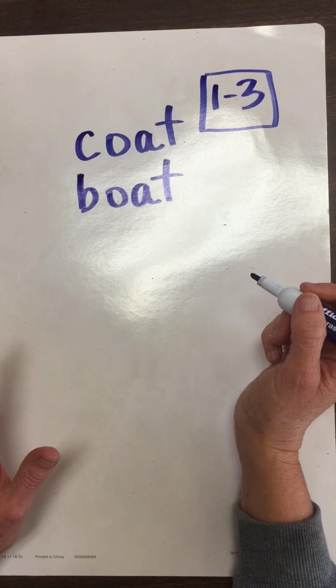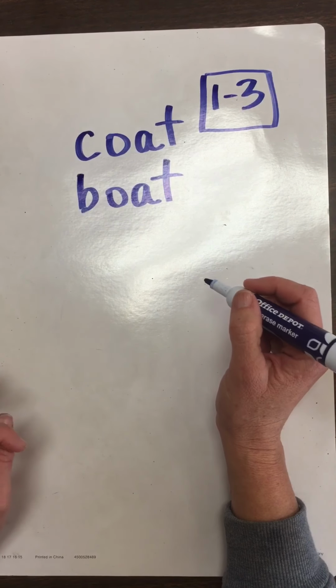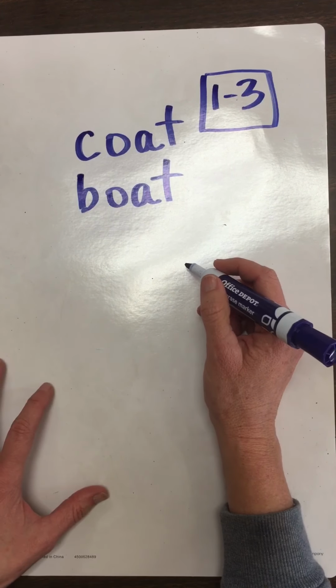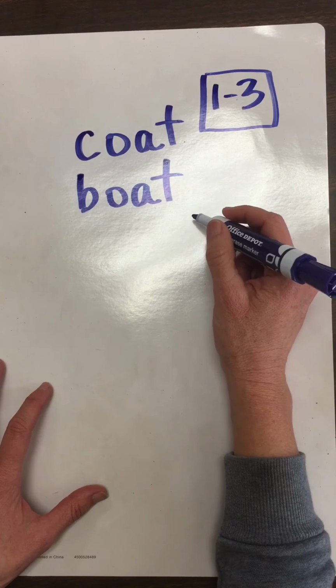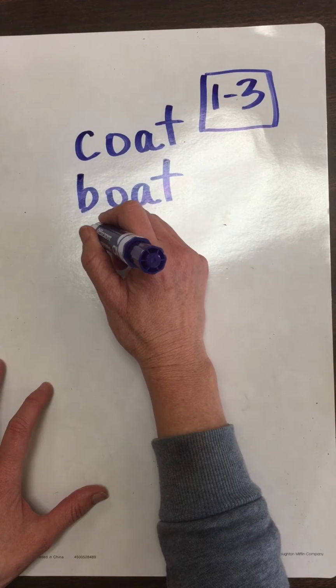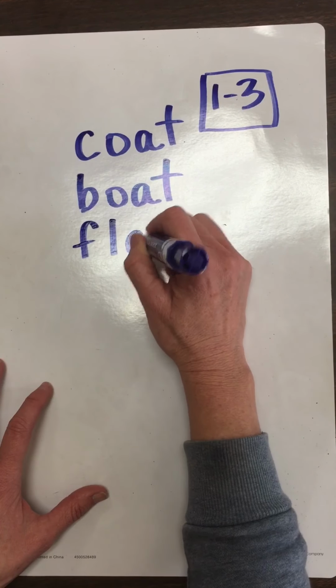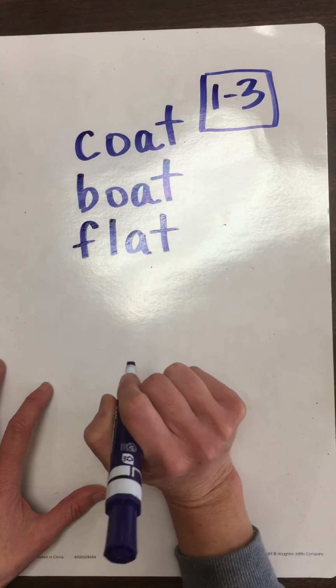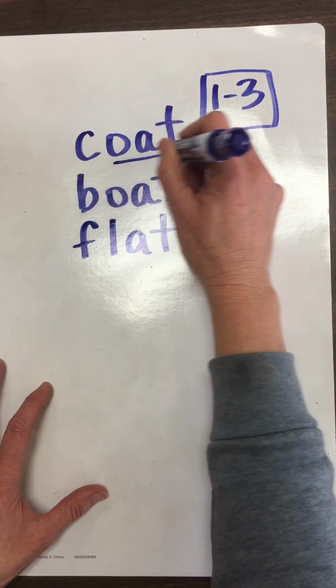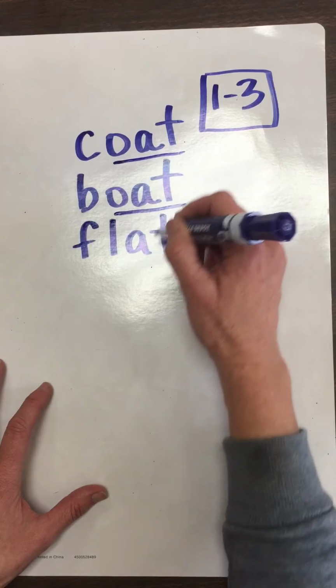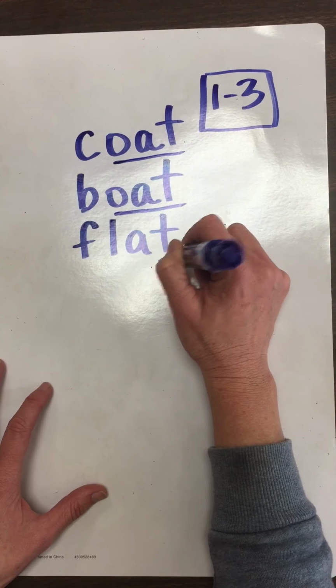And from there, maybe I want to change it to, let's say, flat. Okay, so from here I'm keeping the T or the OAT, I'm keeping the T. In this part I'm just keeping the T.